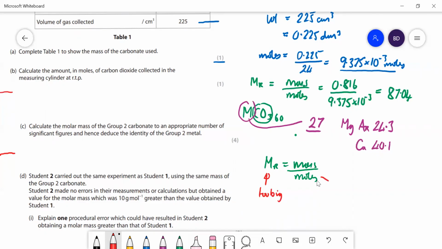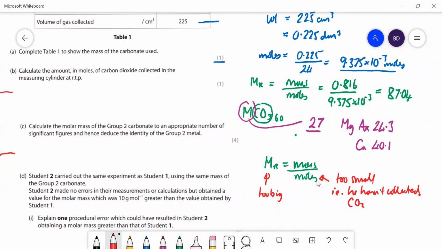So that means the mass is not going to be wrong really, but the moles of CO2, which is equal to the moles of carbonate, that is too small. I.e., he hasn't collected all of the carbon dioxide that he should have collected.